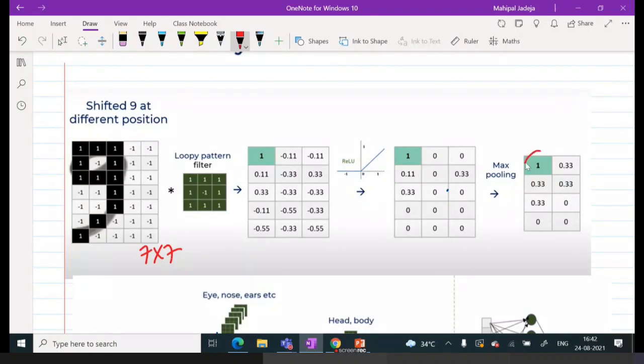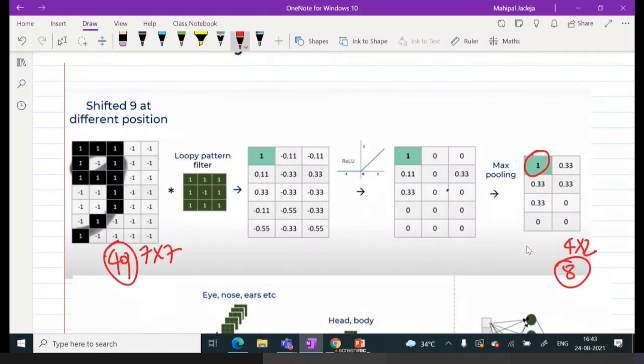Presence of the circular pattern is still noticed here after applying max pooling on the same image, and check the size of this particular image. It's 4 cross 2. So with 8 entries you are conveying something, and here you are conveying the same thing with 49 different entries. So this is the advantage of applying convolution.